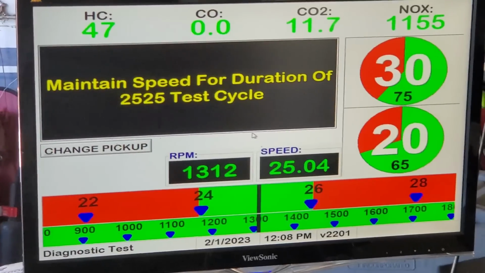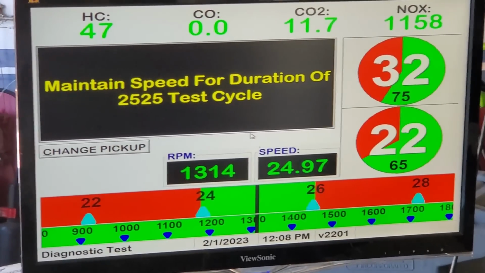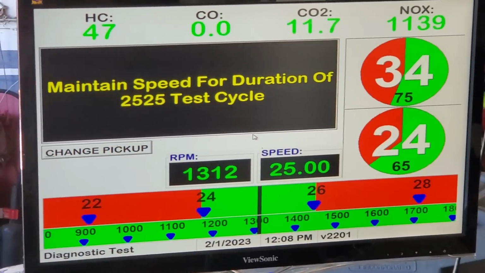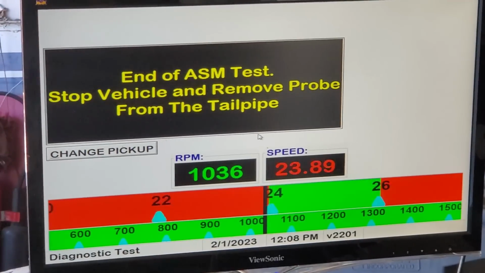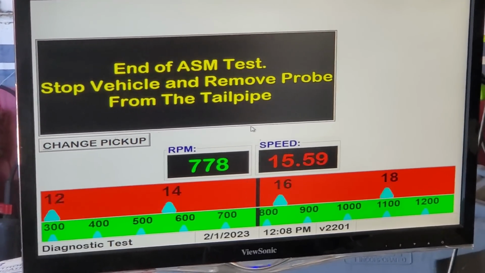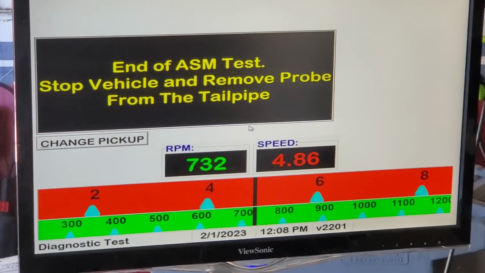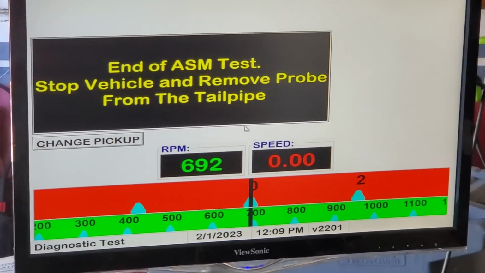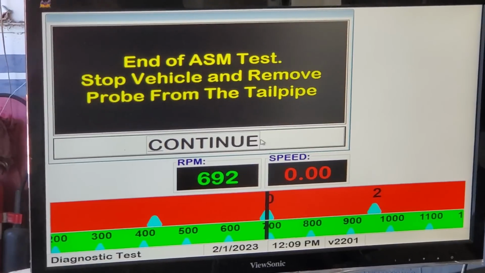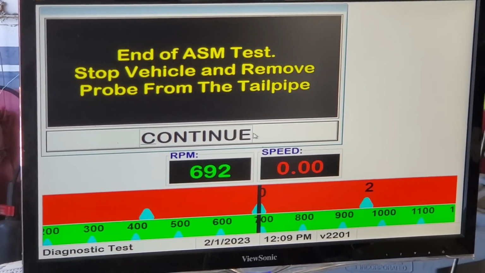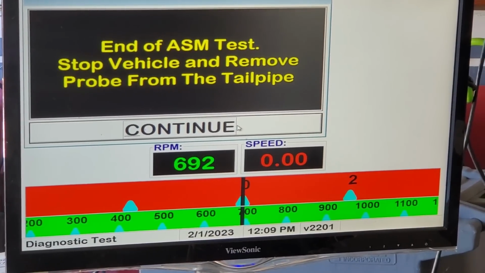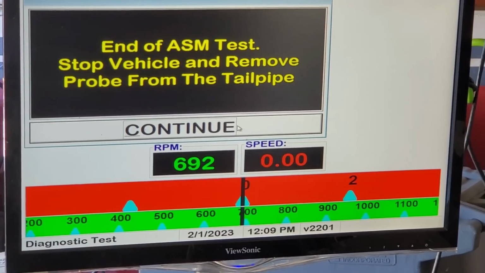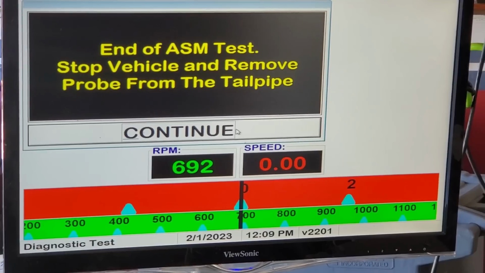Good, it's good. It'll pass, runs good, passes California emissions in closed loop. Yeah, I would say we conquered that ECU. That was a bad one too. That thing was really eaten up.